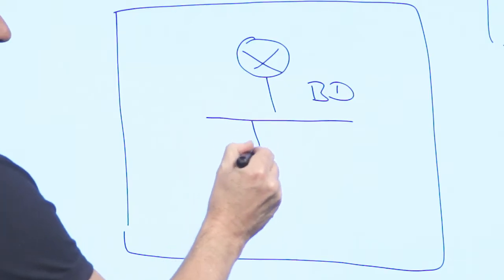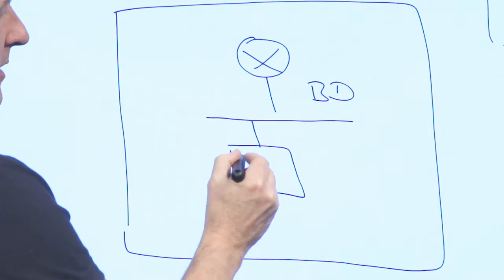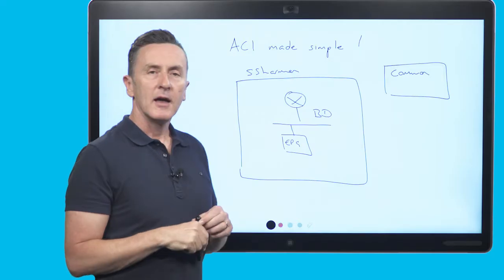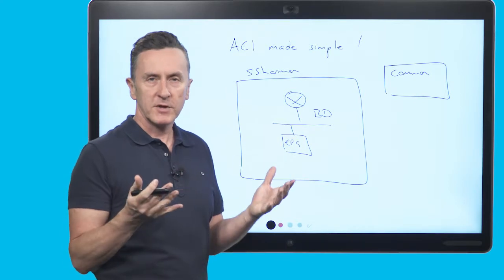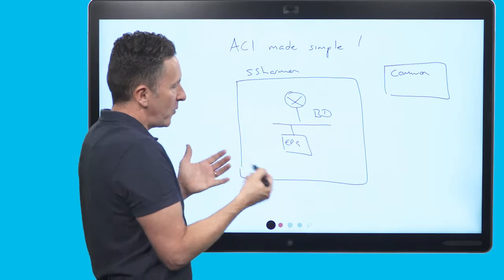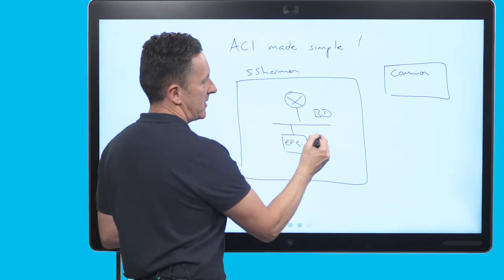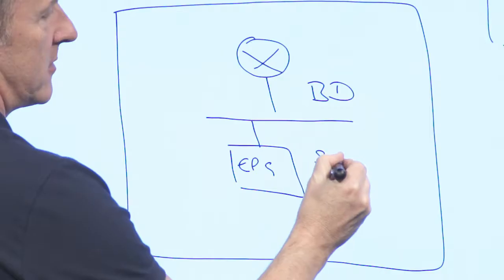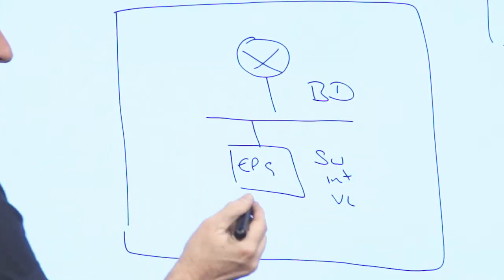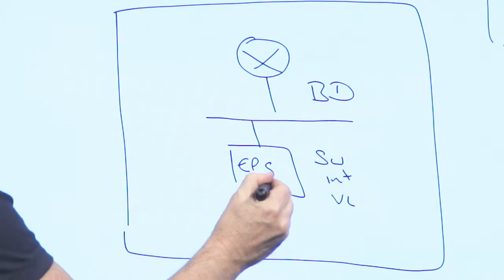The next building block is what's known as an EPG, or an endpoint group. And that really is a VLAN. So for customers that are thinking, what's an EPG? It's a VLAN. And the way that we would use an EPG, we would look at a switch, an interface, and the VLAN. And that gets you, if you like, into that box.